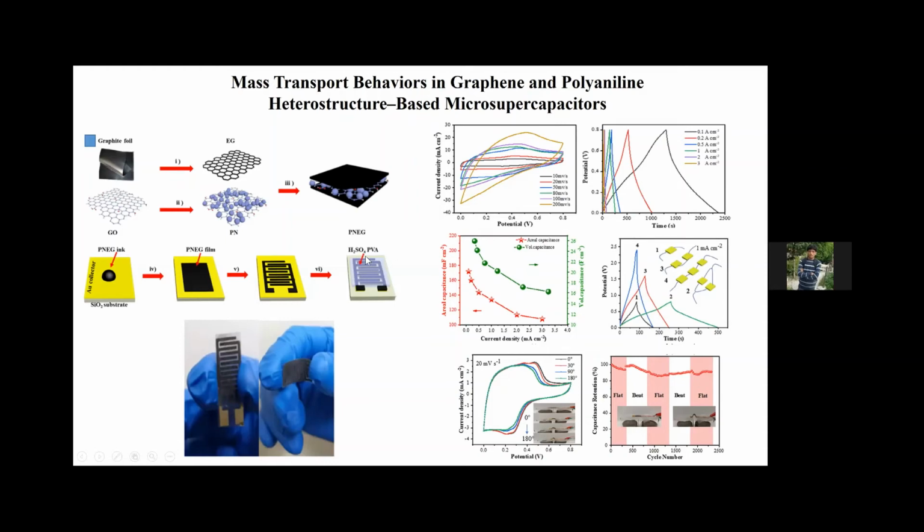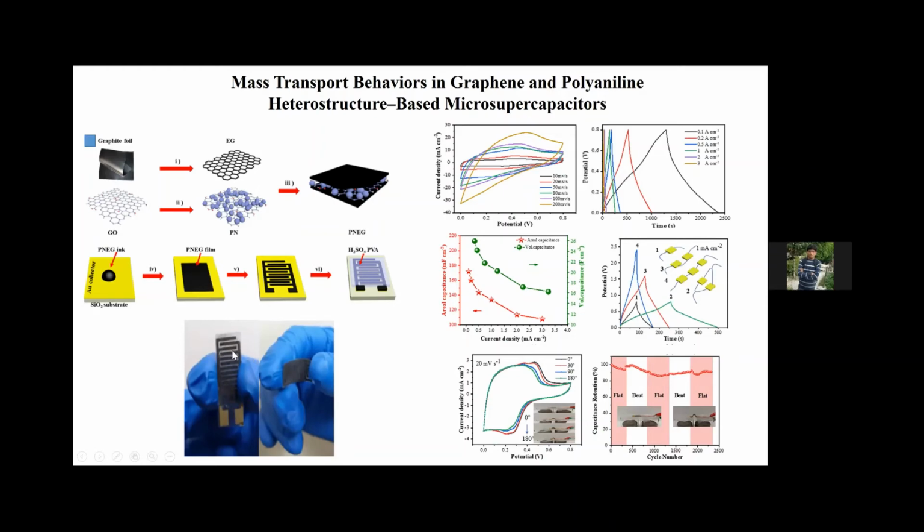So one thing is, for planar devices, it is very important: we cannot use any aqueous electrolyte, because in plane we cannot put aqueous electrolyte. Otherwise, all the aqueous electrolytes go around. So for that case, we have to use the gel electrolyte, and we can see it here.